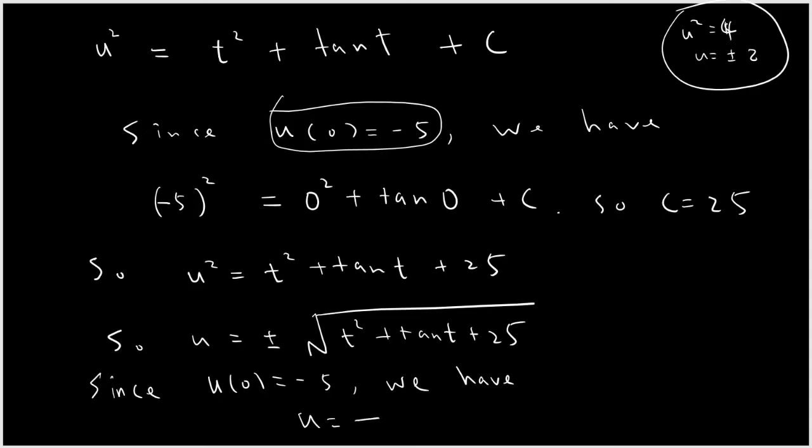Okay, negative square root of t squared and then plus tan of t. There are too many t's, so can I use brackets here? Otherwise the notation is tant, right? Tan of t and then plus 25. I'm trying to say, using the initial condition again, you have to keep the negative sign only. Any questions?